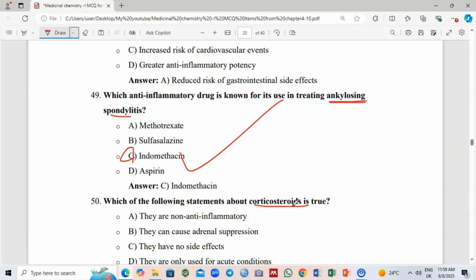Among the given alternatives about corticosteroids, the one which is true is B, they cause adrenal suppression. A is not correct, C is not correct, and D, they are only used for acute conditions, is also not correct. So B is the correct answer.